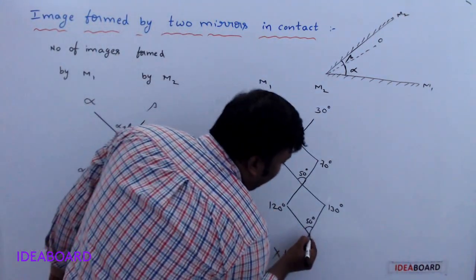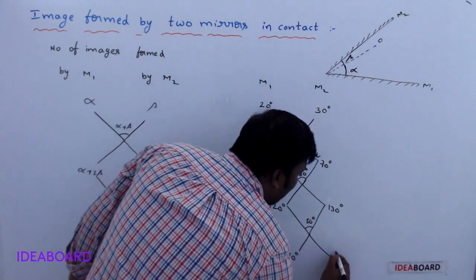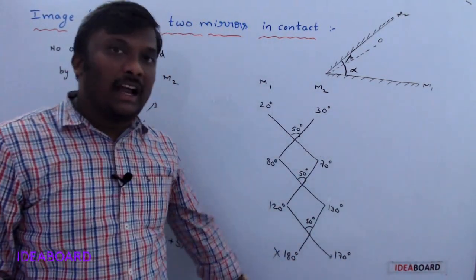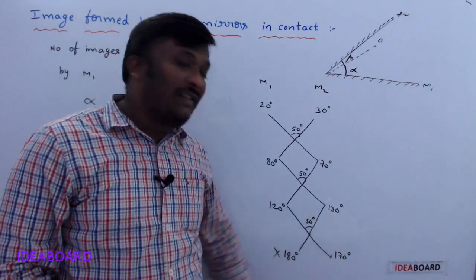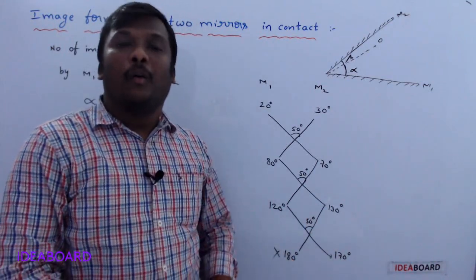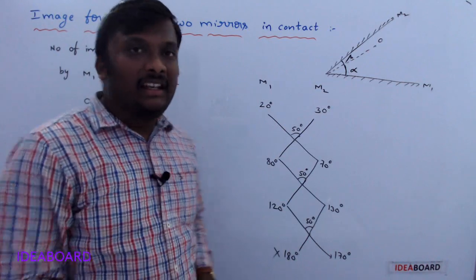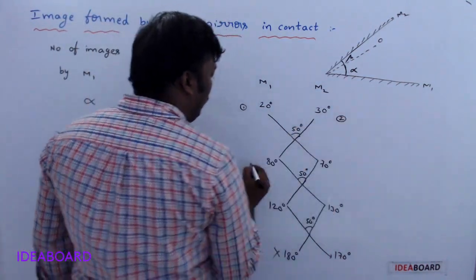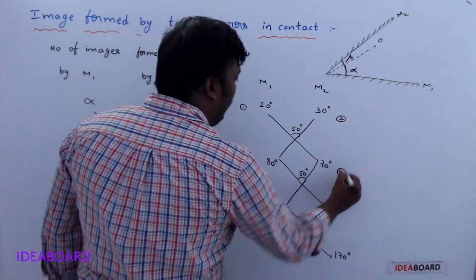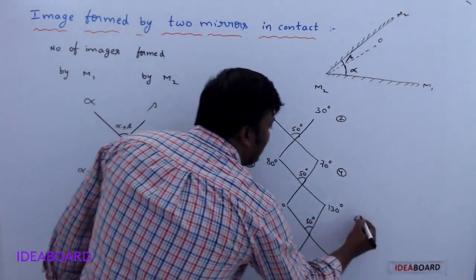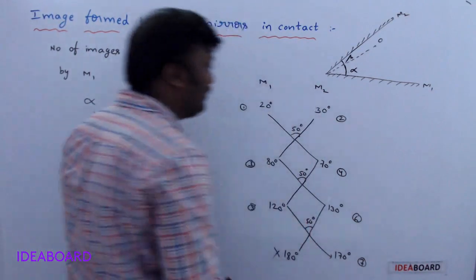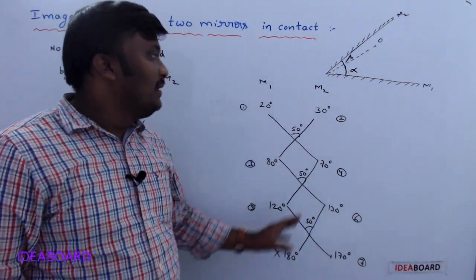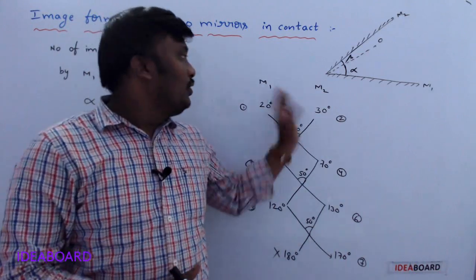Now 120 plus 50 means 170 degrees. If you add one more time, it is not possible, because 50 plus 170 gives more than 180. Is it clear? So how many images are formed? 1, 2, 3, 4, 5, 6, 7 images formed. Are you understanding? So 7 images are formed by these two mirrors.